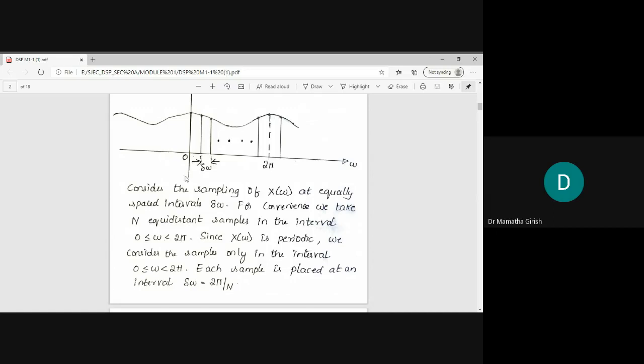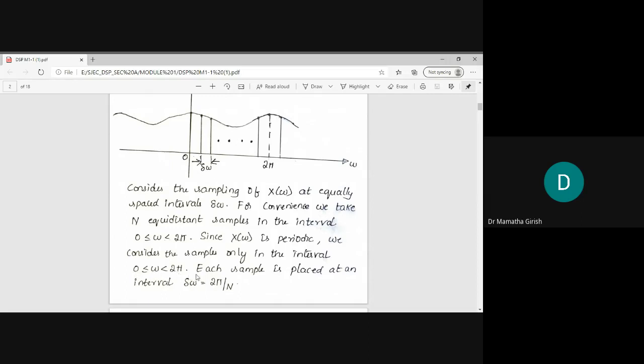Since we have observed that X of omega is continuous as well as periodic in nature, it is sufficient to consider the spectrum over one interval, that is, the range of omega lying between 0 to 2 pi.